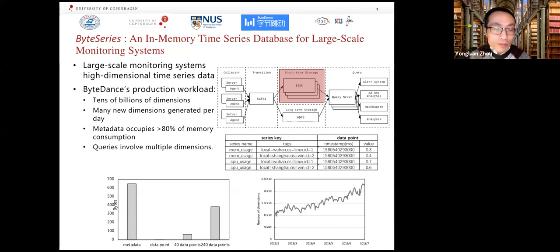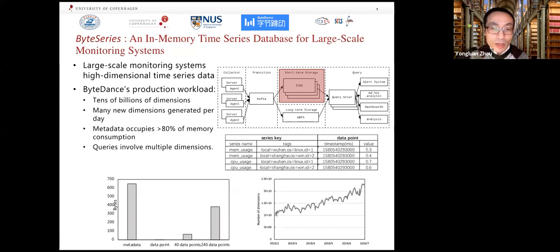We also observed that the queries involved in the data processing workload in ByteDance often involve multiple dimensions of data, which means that we have to access multiple dimensions and quickly retrieve the data.